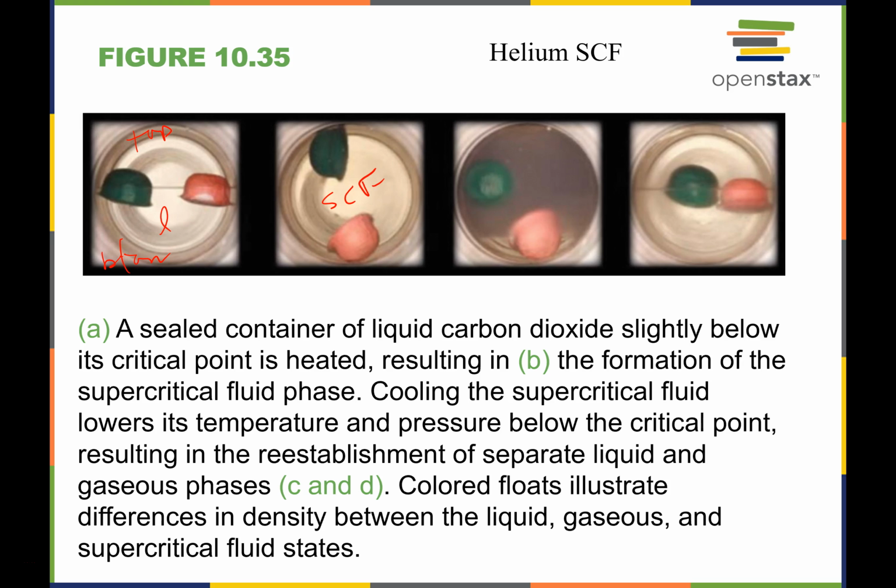So there's no distinction between the liquid and the gas. And I'm not quite sure what this one is, but this one is back to the same scenario as this one, but I know this one is the supercritical fluid. I think this one is cooling down.